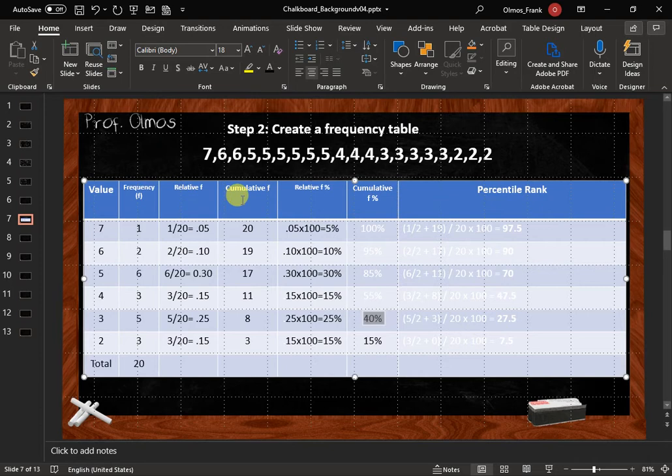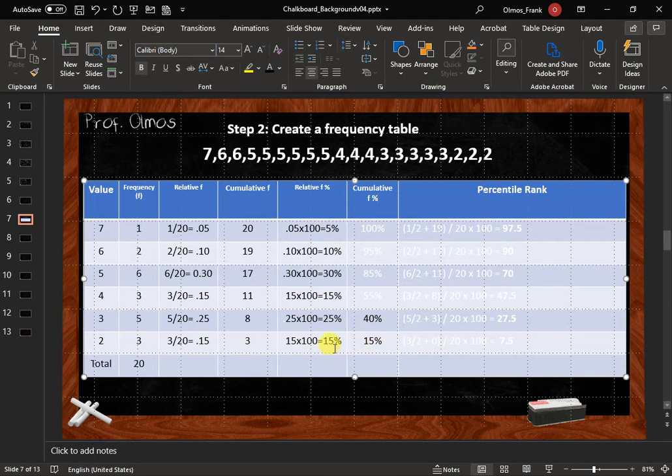For cumulative frequency in general, you don't need relative frequency because you can just get it from frequency, as you can see. But for cumulative frequency percentage, you do need the relative frequency, or the relative frequency percentage, to get it. So you can get these values.